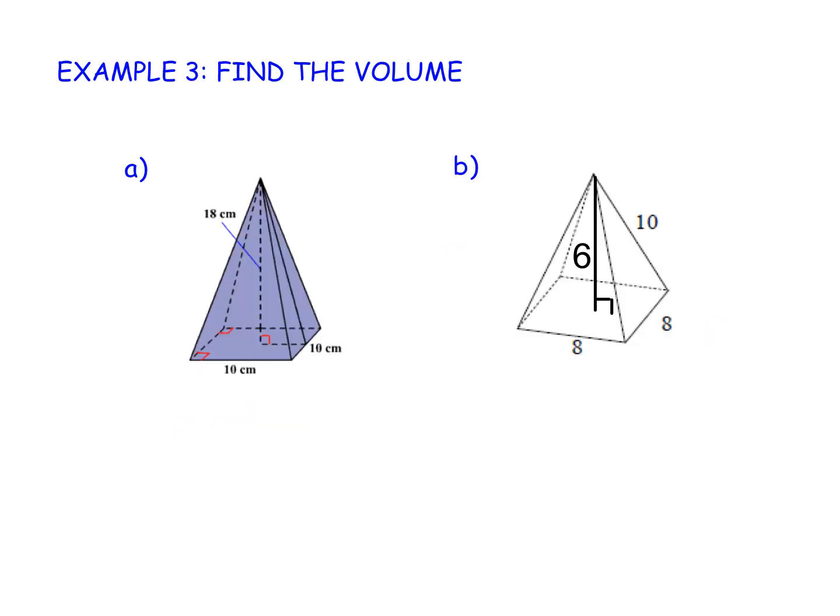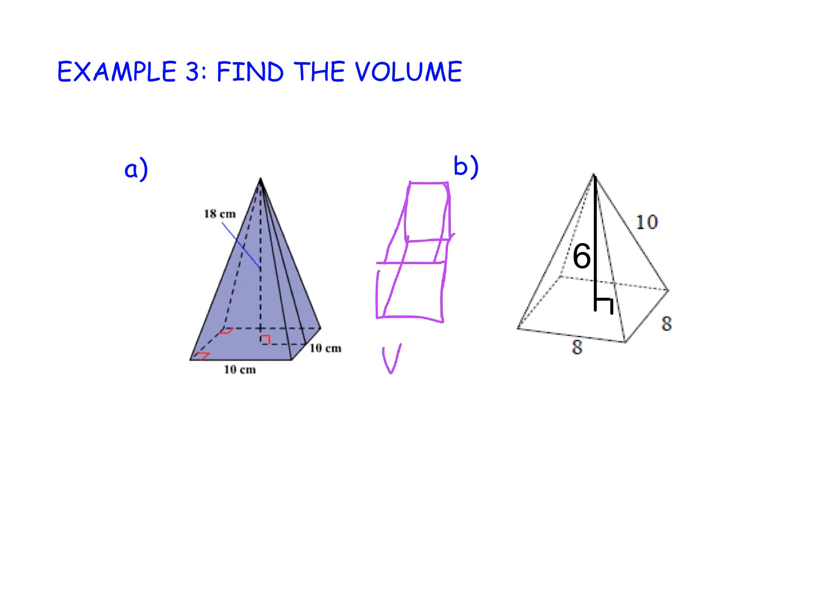So in these last two examples, we're going to find the volume of the pyramids. And if you like that idea of starting with the square-based box or prism, sorry, I'm just drawing it out for you here, then we can start like that every time.